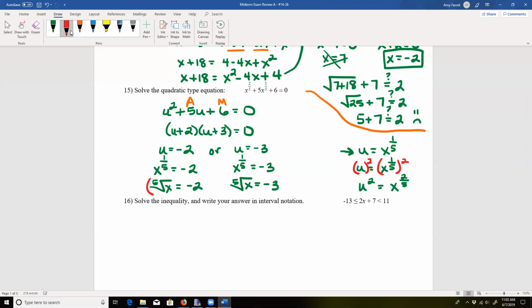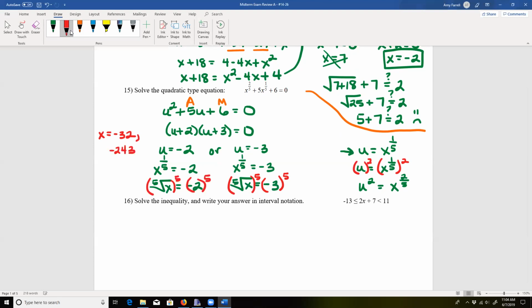If I raise both sides to the 5th power, taking a 5th root and raising it to the 5th power is going to undo that root. And so our two solutions are that x could be -2 to the 5th, which is -32, so -32 is one of our solutions, or -3 to the 5th, which is -243.